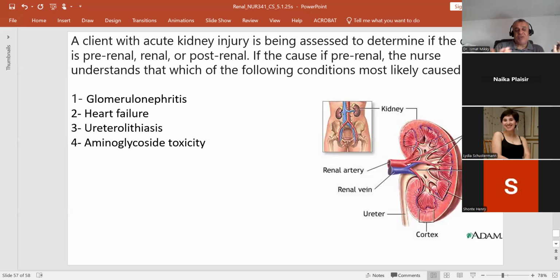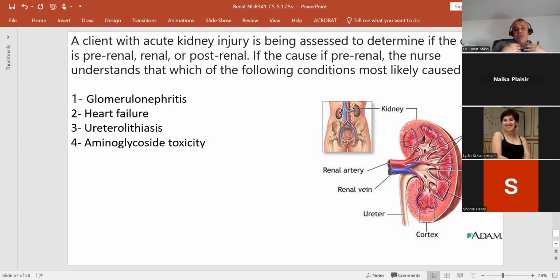A patient who is dehydrated and ends up with kidney failure, that's pre-renal, because they didn't have enough fluid and blood getting into the kidneys. So pre-renal is anything to do with perfusion to the kidneys: heart failure, CHF, dehydration. Any different factors that may decrease perfusion.